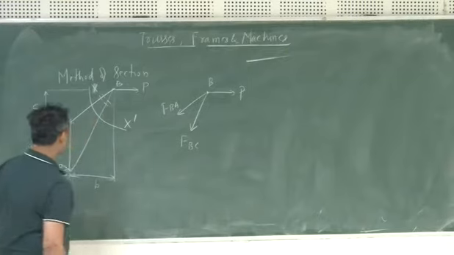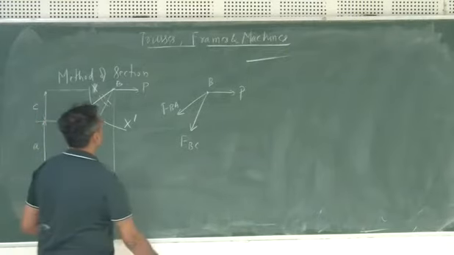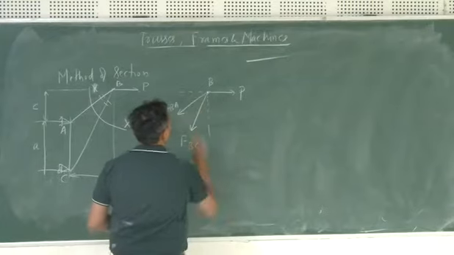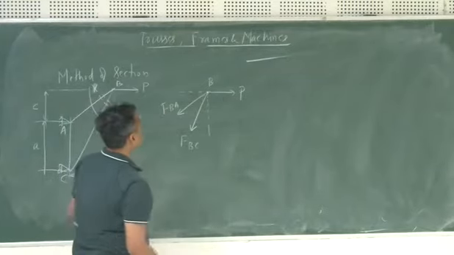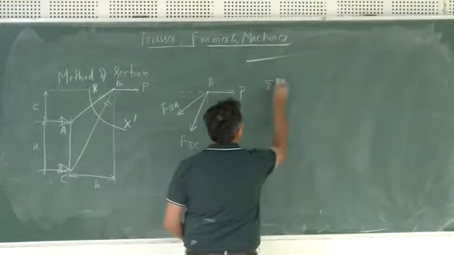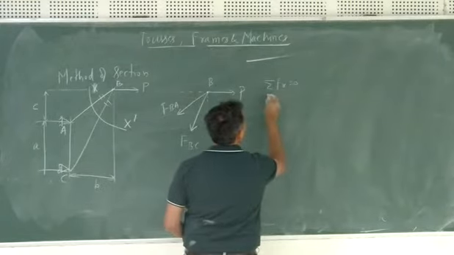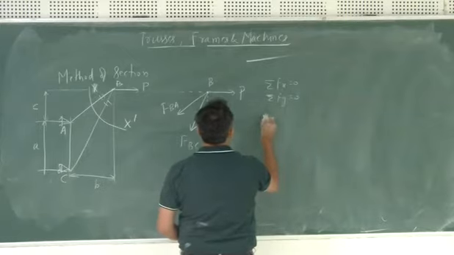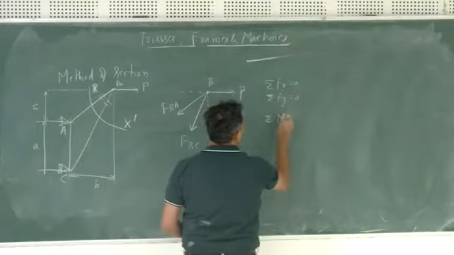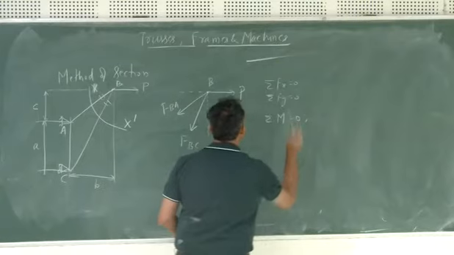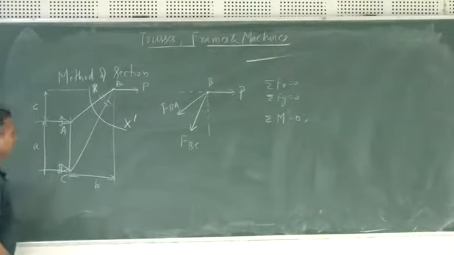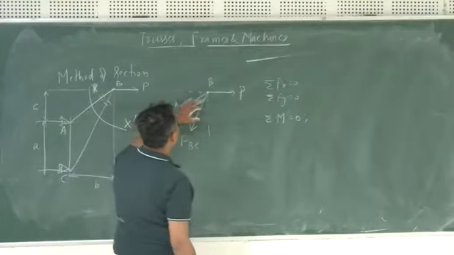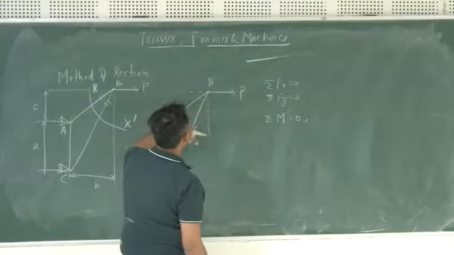Now the question is how to find the forces BC. You have to use summation of Fx equals 0, summation of Fy equals 0, and summation of M equals 0.